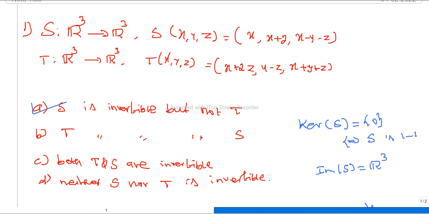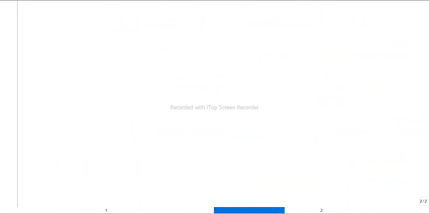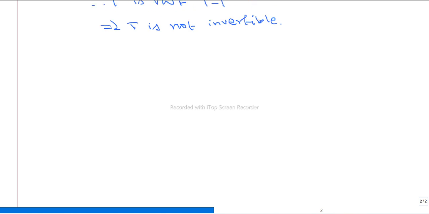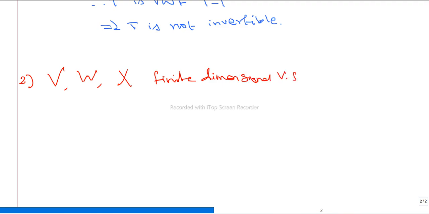Now the next question from linear algebra, the second question. Suppose V, W, X are finite dimensional vector spaces, such that the dimension of V and the dimension of X are equal.